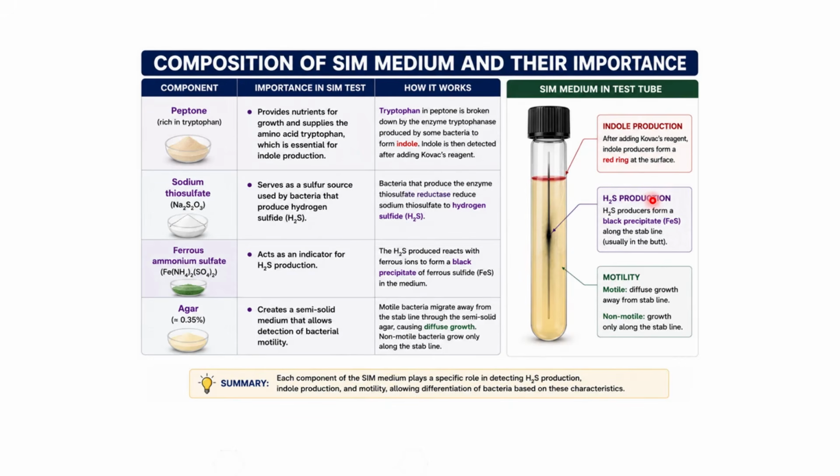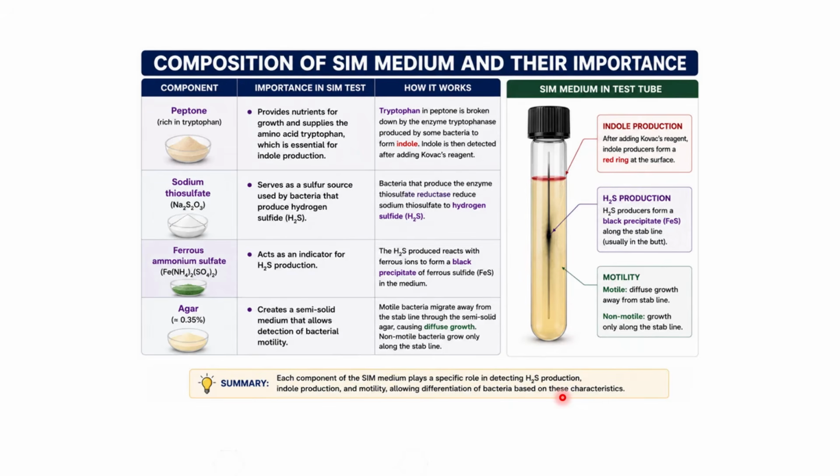For hydrogen sulfide production, hydrogen sulfide producers form a black precipitate along the stab line, which is usually in the butt as shown here. And for motility, motile bacteria growth diffuses away from the stab line, and for a non-motile bacteria, growth is seen only along the stab line.